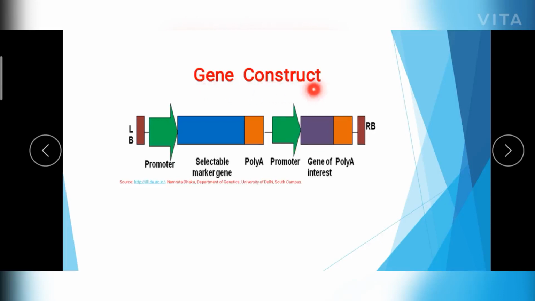So if you see the gene construct, that is how the marker gene is inserted along with our foreign gene. The selectable marker is also flanked with a promoter and terminator, and this one is clubbed with our desired gene. This purple color one is the desired gene.